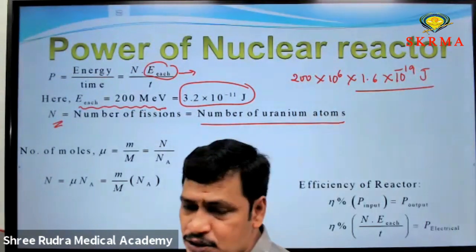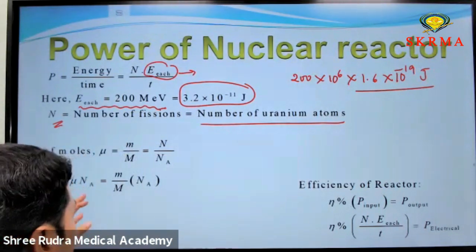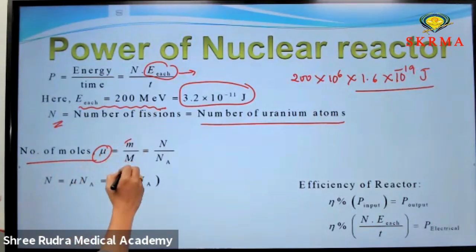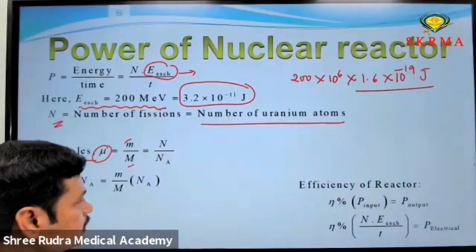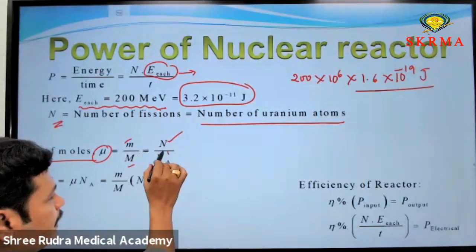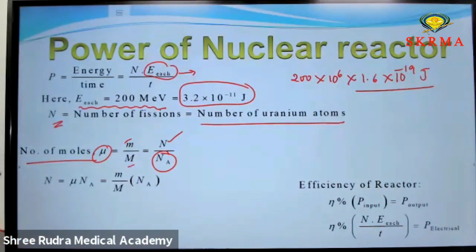Sometimes they give the number of moles of the substance directly. In such a case, the basic equation is the number of moles, mu, equals small m by capital M, mass by molecular weight, or number of particles by Avogadro number. This is also an equation for the number of moles of a substance.